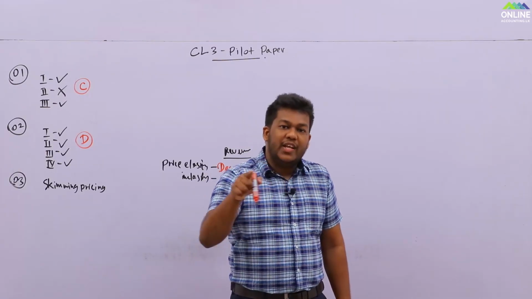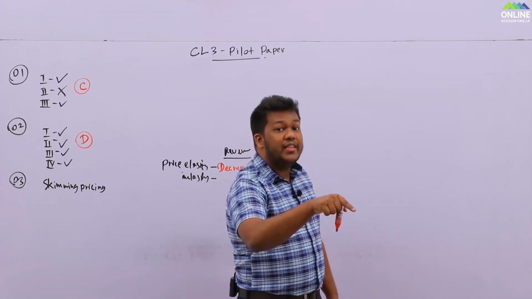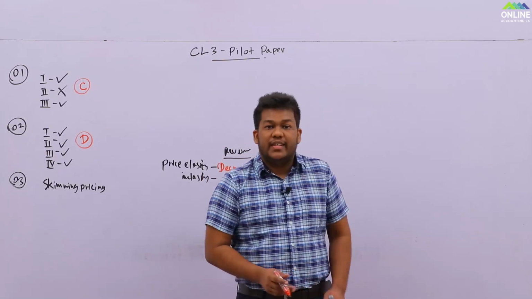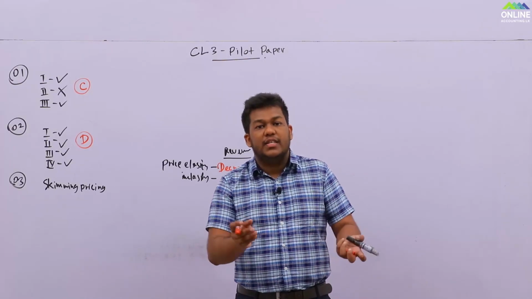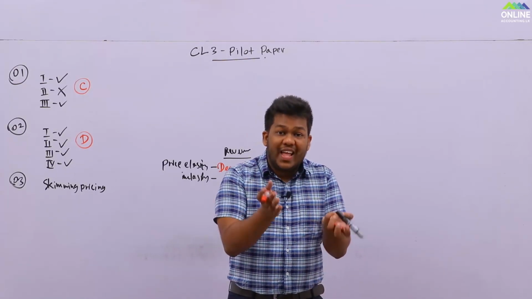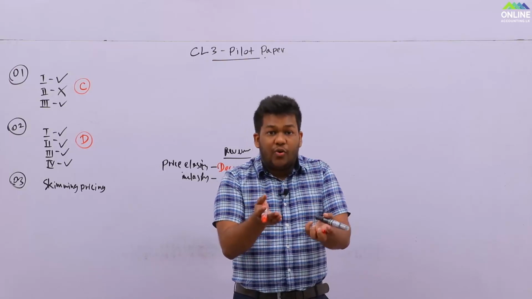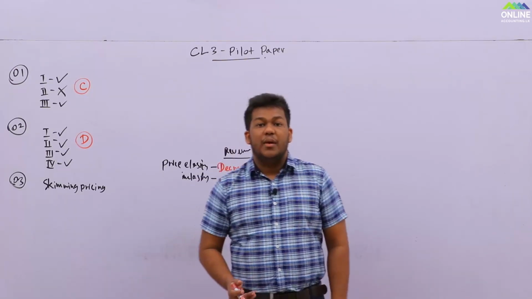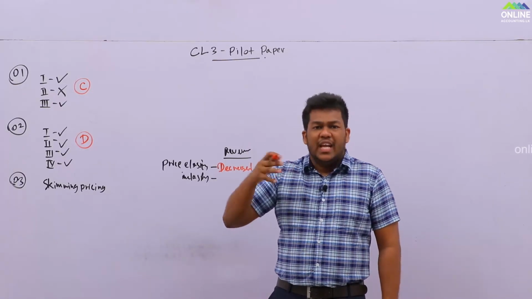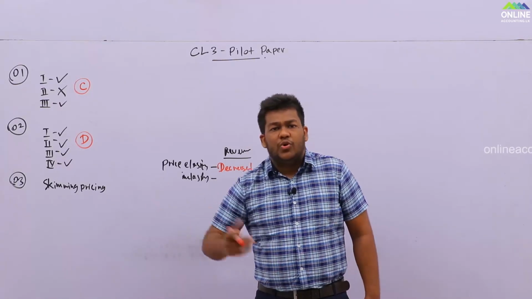Will the quantity decrease by more than the price increment? Let's say price increases by 50%. In all budgets, the government is increasing prices. But will that affect the alcohol market significantly? No. When the price increases by 50%, the quantity may change by only 10 to 20%.